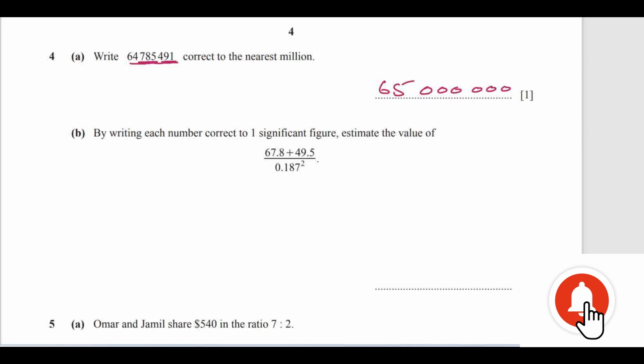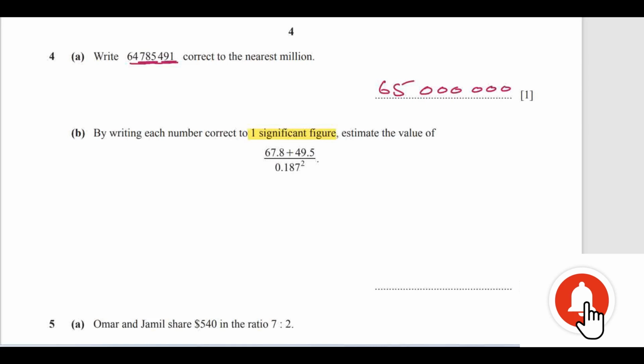Question number 4 part B. Correct to, now this is a very important point, we have to read the question carefully. By rounding each number correct to one significant figure, estimate the value. So here we have to estimate.